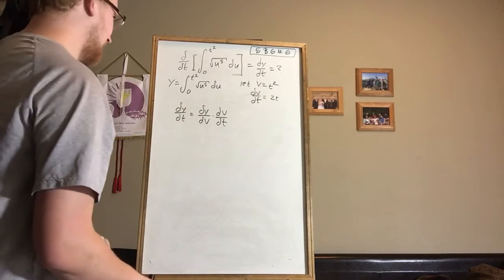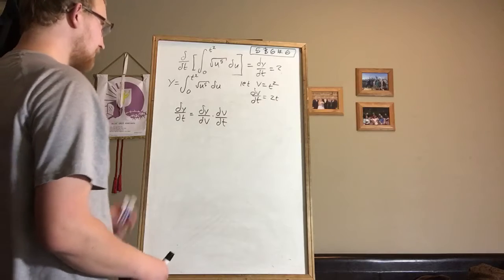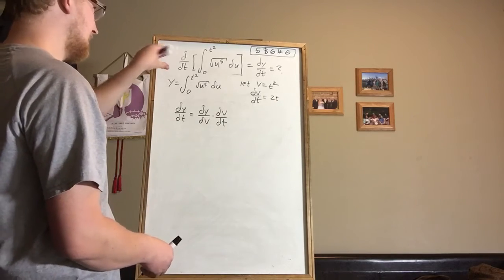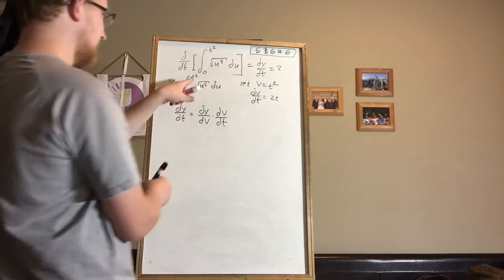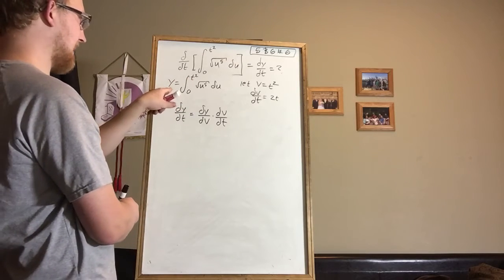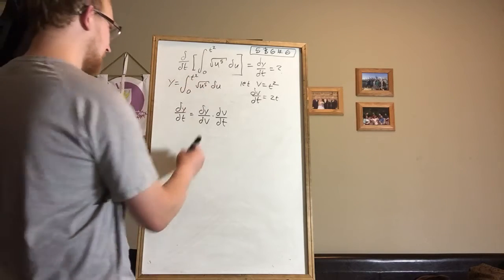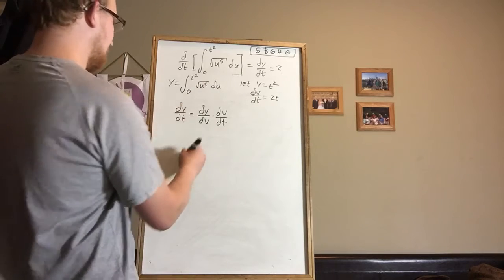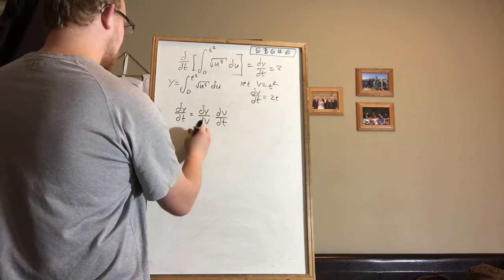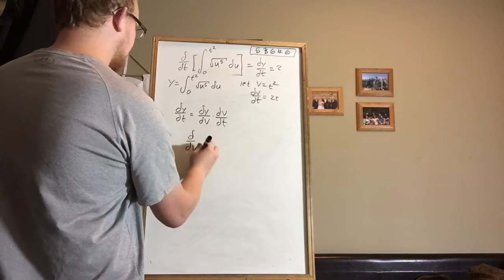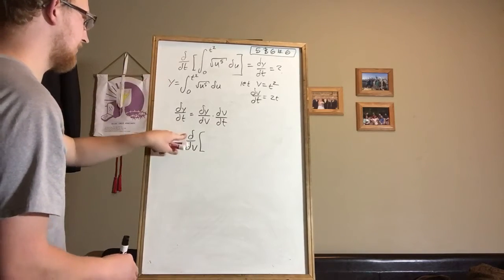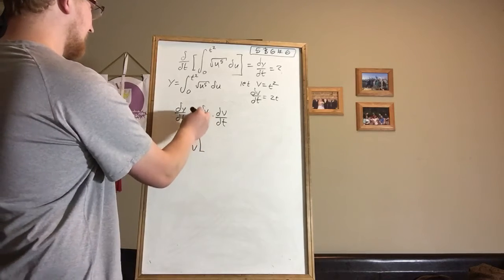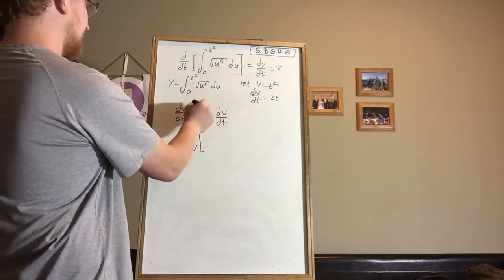But what's dy/dv? So this is dy/dt. Well, if this is dy/dt, and we established that y equals this thing, then dy/dv must be the derivative with respect to v of y.